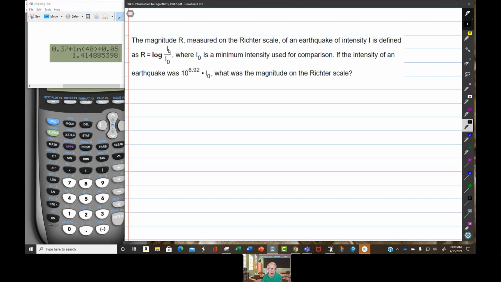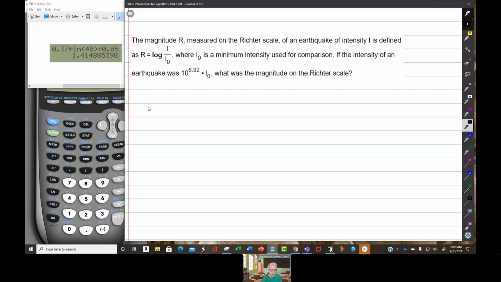So we're going to have I over what we call I naught, where I naught is a minimum intensity used for comparison. So this is a baby earthquake. This is a little earthquake that maybe nobody can feel, or maybe they can just feel a little bit, and that's used as the minimum to compare everything else to.